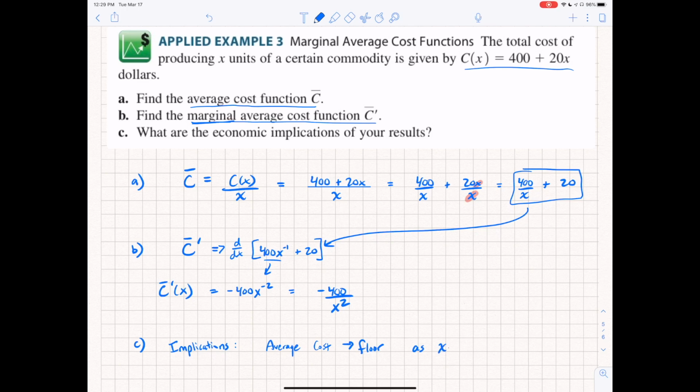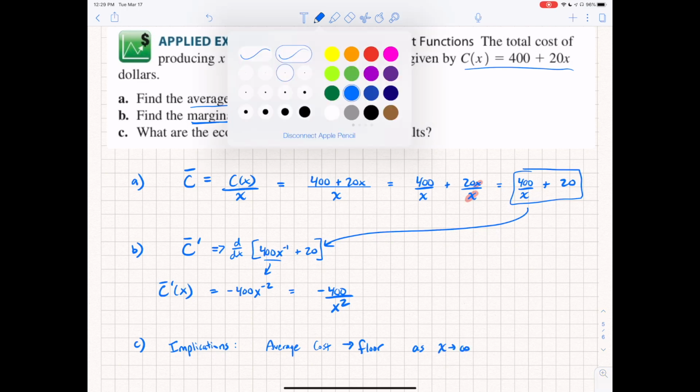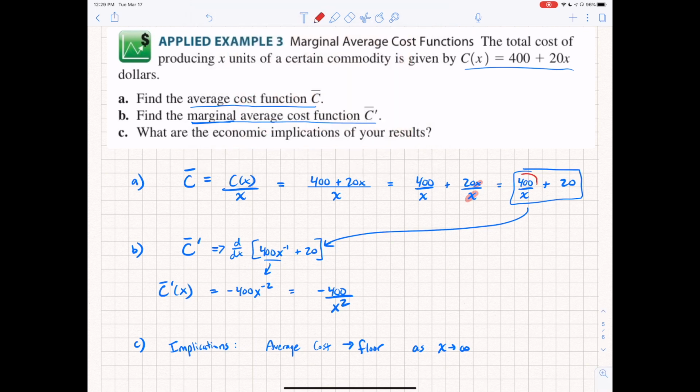Because as x goes to infinity, if we were to increase production, this 400 over x is going to go to 0. Again, if you let x become very, very large, this first part becomes so insignificant. And all that's left is this plus 20. And so what that means is that my floor is that the average cost will go to $20.